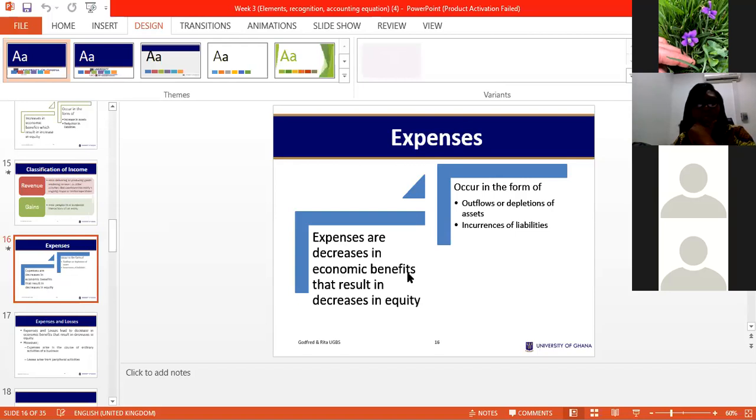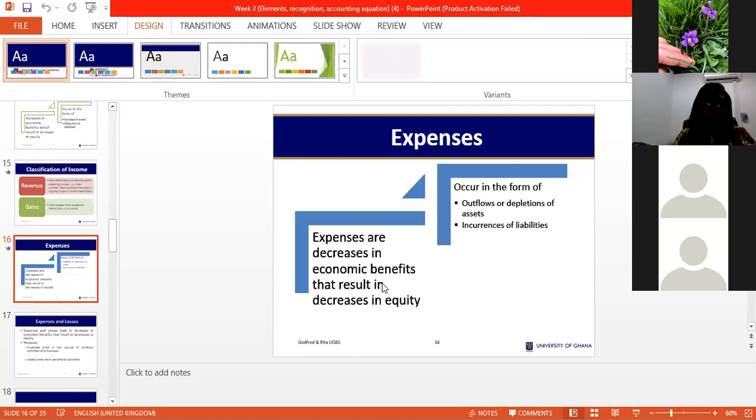So expenses are decreases in economic benefit, but they are not liabilities. I think somebody asked whether expenses are equal to liabilities, and I said no. Either your economic benefit that you expect to obtain has declined because you are engaging in some present obligation.